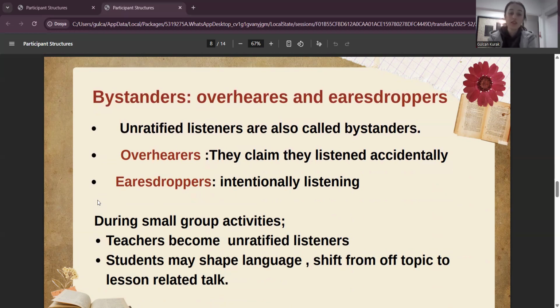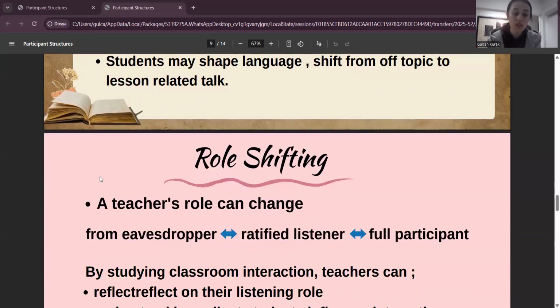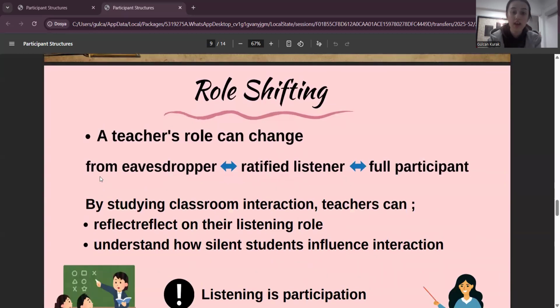So, during small group activities in the classroom, teachers become unratified listeners, and students may shift from off-topic to topic-related talk. And role shifting.